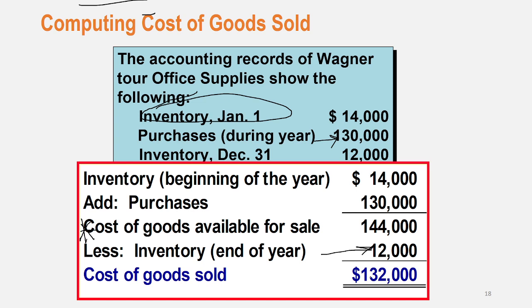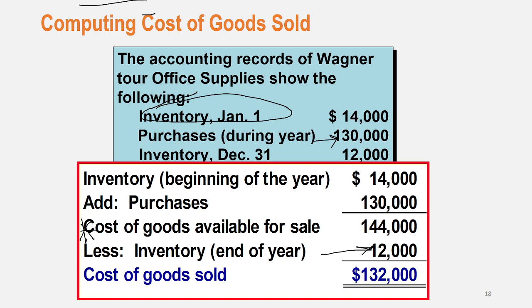132,000. And finally, we started with inventory of 14,000 at the beginning of the year, and during the year we purchased an additional 130,000 worth of goods. This gives a total of 144,000 worth of goods available for sale.